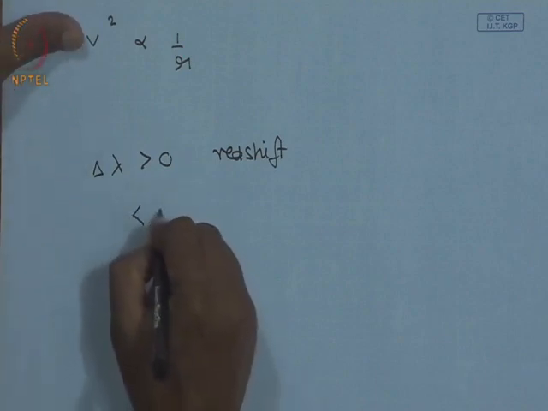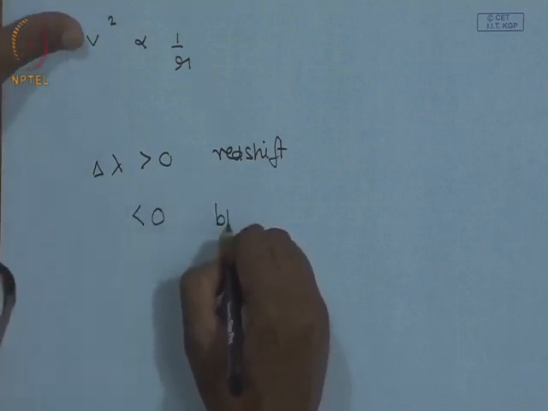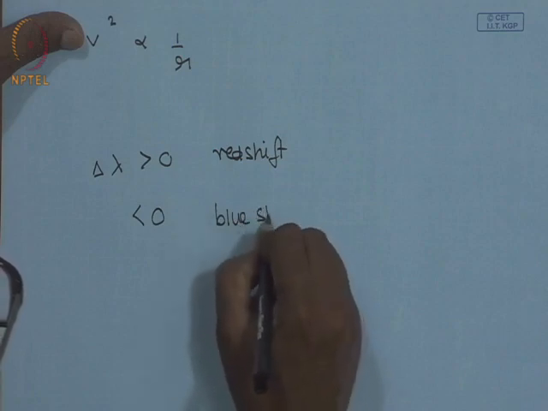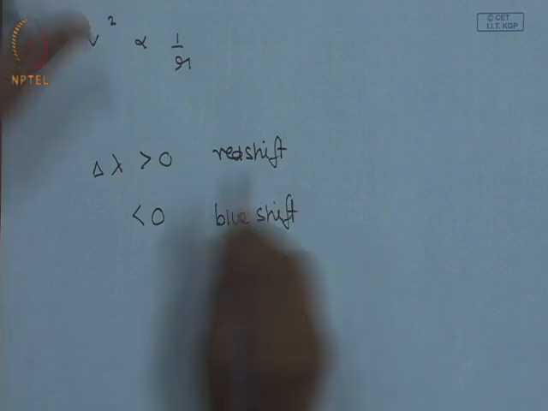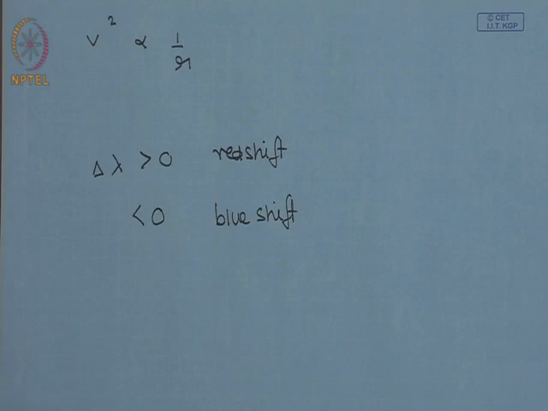If delta lambda is less than 0, you have a blue shift. This happens when the source is moving towards the observer. So, in this position A, the source has no velocity component relative to the observer's line of sight. So, the spectral line is observed where you would expect it at the wavelength lambda. There is no shift in the wavelength.